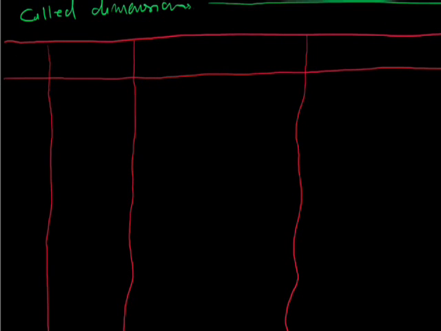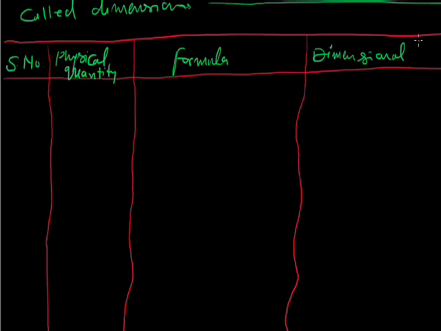Serial number, physical quantity, formula and dimensional formula. First is area.